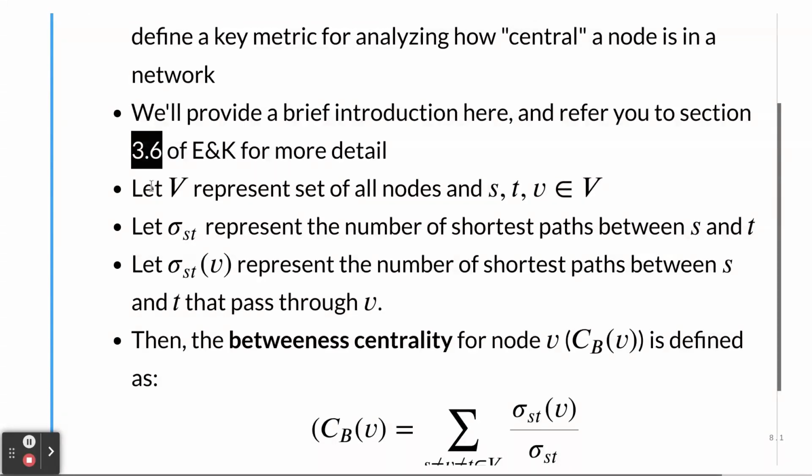Let's first establish some notation. We're going to say that capital V represents the set of all nodes, and that S, T, and V are three elements from that set of nodes.